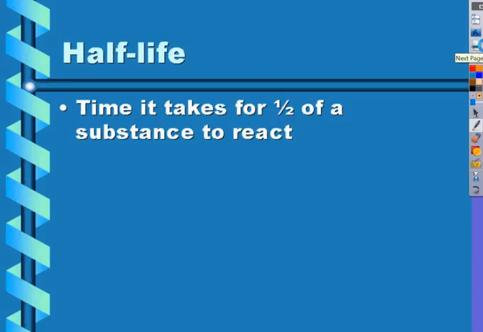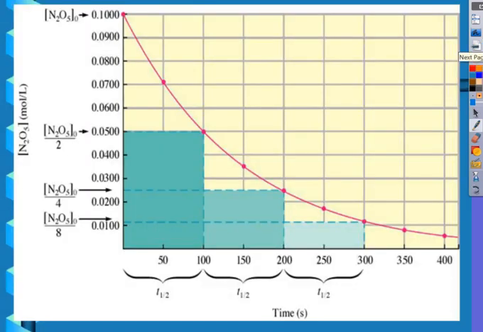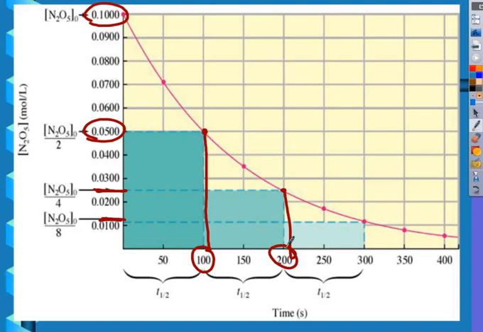Half-life is the time it takes for 1/2 of a substance to react or to decay. In this problem, we have 0.1, and then half of 0.1 is 0.05, and then half of that is 0.025, and so on. So the time it takes to go from 0.1 to 0.05 was 100 seconds. Then to go from 0.05 to 0.025 is another 100 seconds.